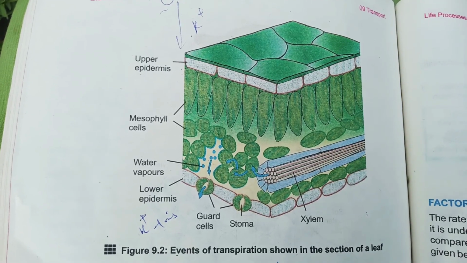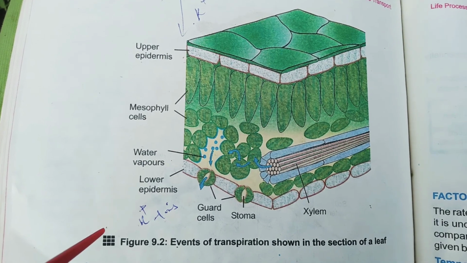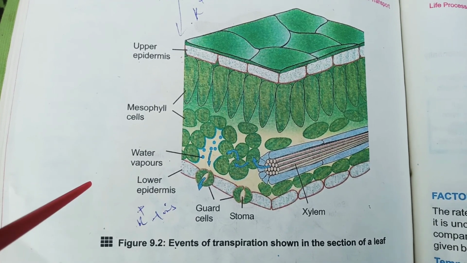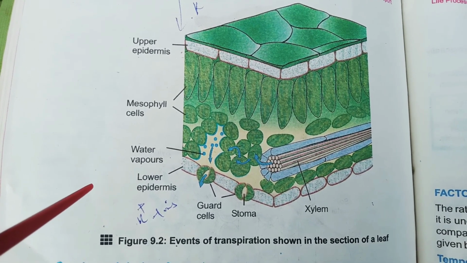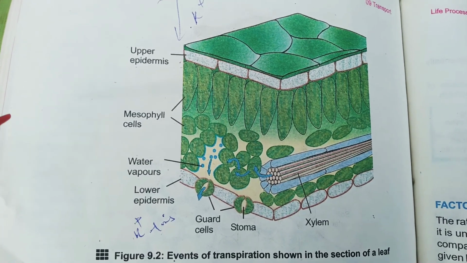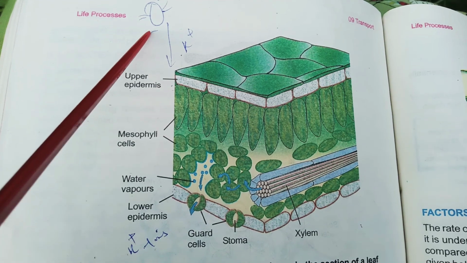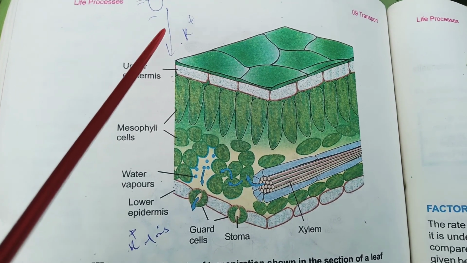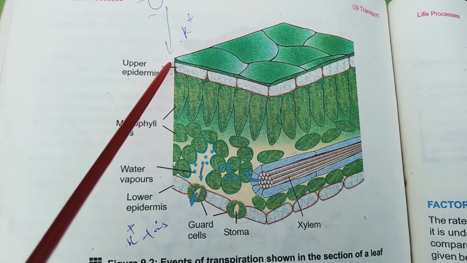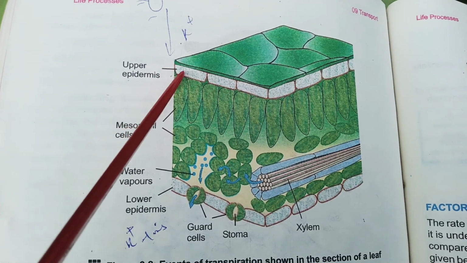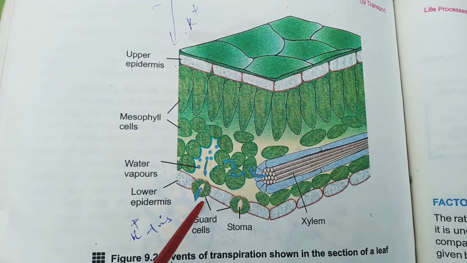In chapter 4 we have studied that the concentration of glucose in guard cells is responsible for the opening and closing of stomata. Recent studies have revealed that light causes the movement of potassium ions from epidermal cells into guard cells.